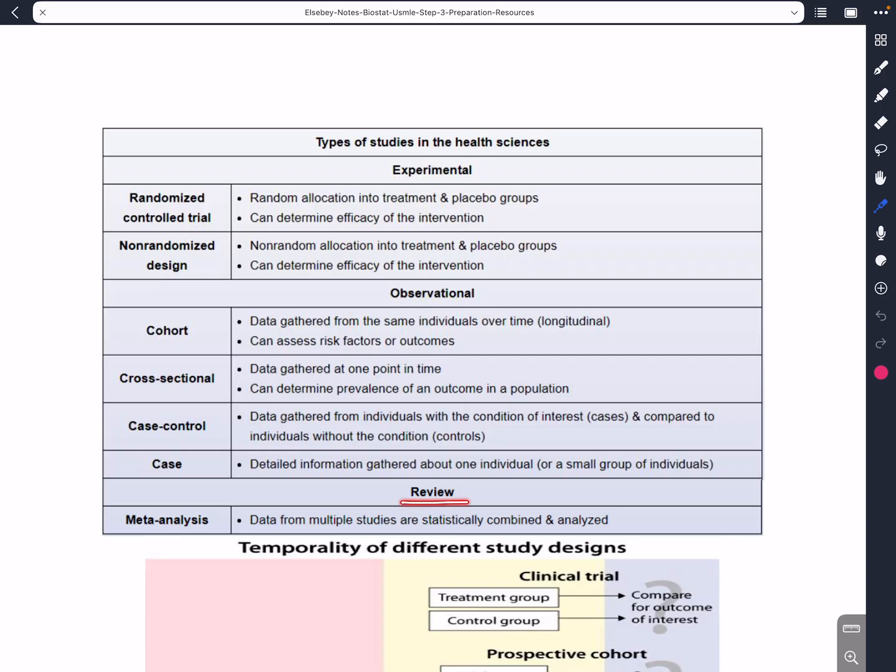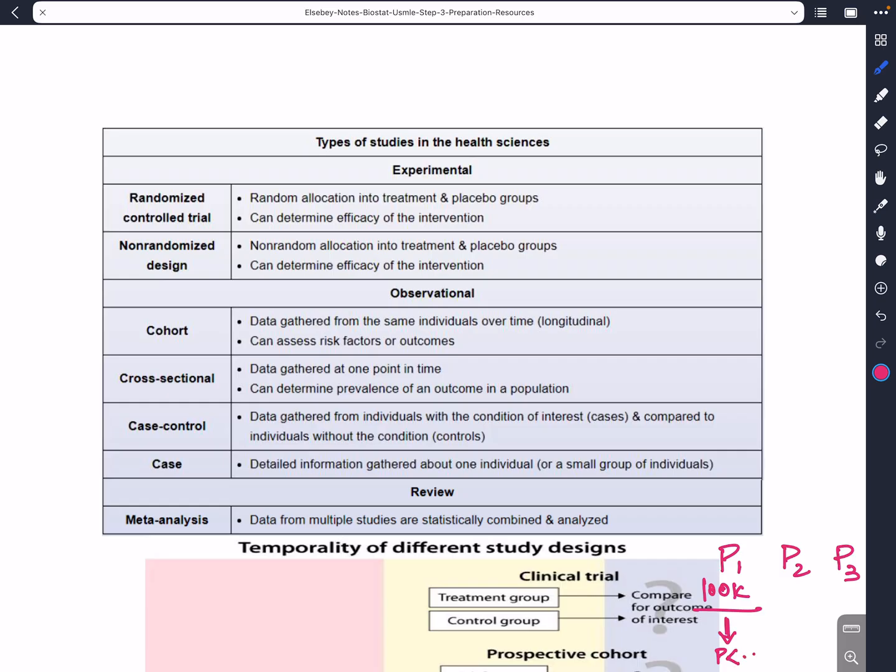So let's see what is review. Review study is used in meta-analysis when you're gathering data from multiple studies, and the studies are statistically combined and analyzed. So let's say that there are pool 1, pool 2, and pool 3. Pool 1 had 100,000 individuals, and the study was statistically significant.